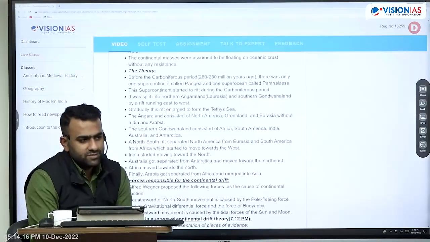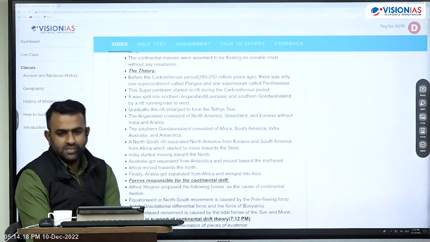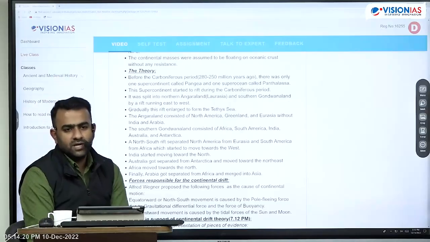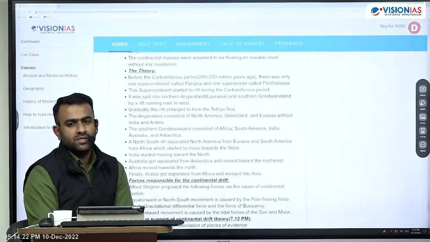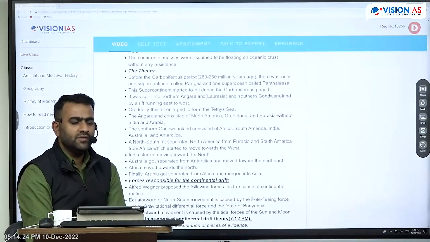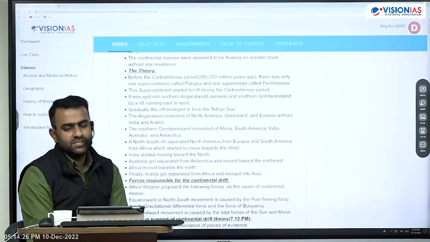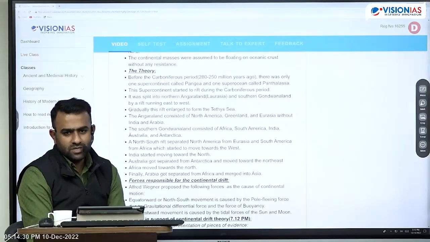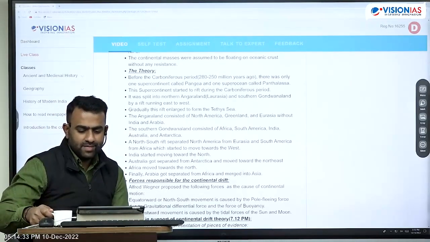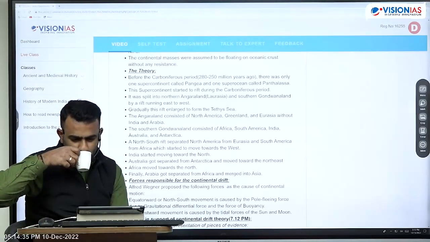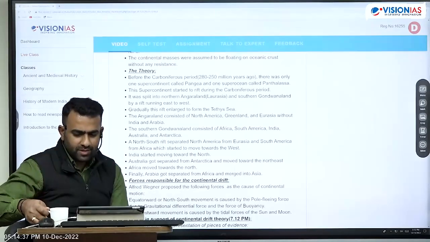Tell me the evidences. First one, jigsaw fit of continents. Second, structural evidences, that is mountains and plateaus in different parts of the world. Then stratigraphic evidences, so the rock layers. Then which fossils? Mesosaurus and Glossopteris.